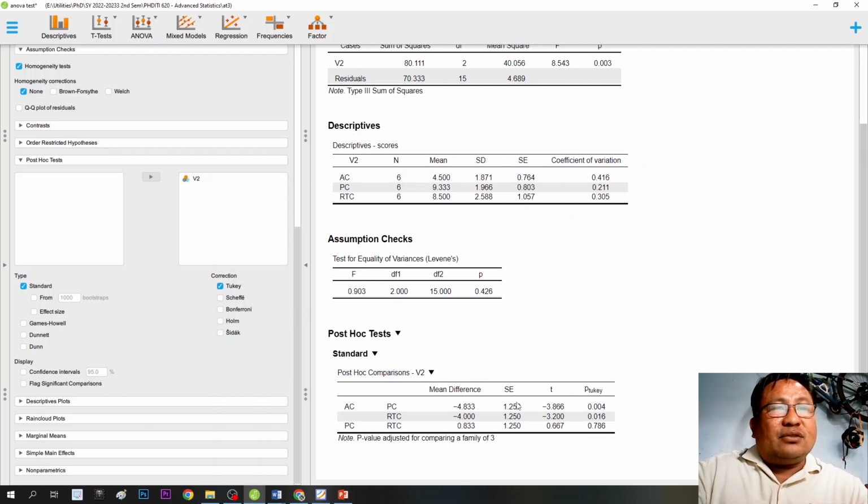In this case also, we can see that AC and PC has greater significance, or higher significance, than AC and RTC based on the p-tukey.